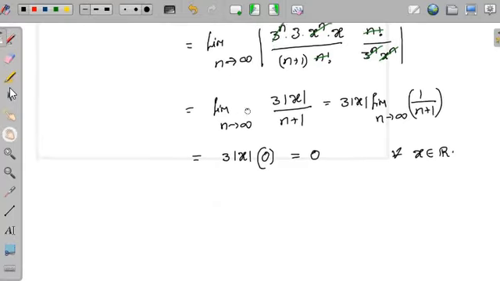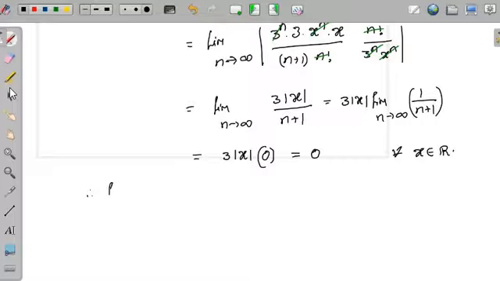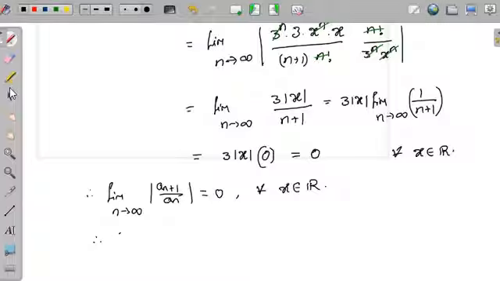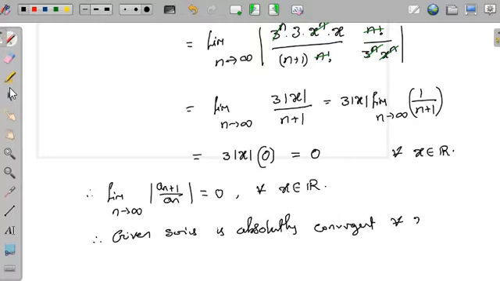Okay, so let's write the conclusion here. Therefore, limit n goes to infinity of mod a n plus 1 over a n is equal to 0 for all x belongs to R. So therefore, the conclusion is that the given series is absolutely convergent for all x belongs to R. You understand?